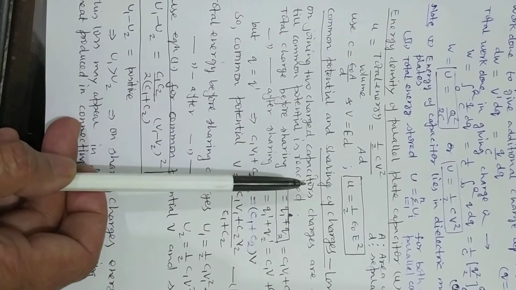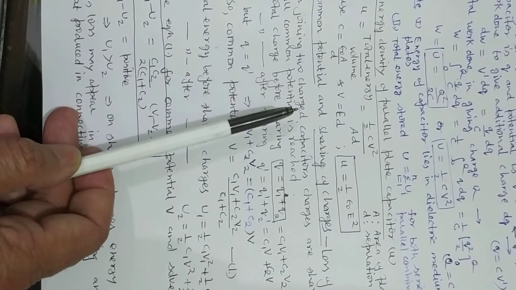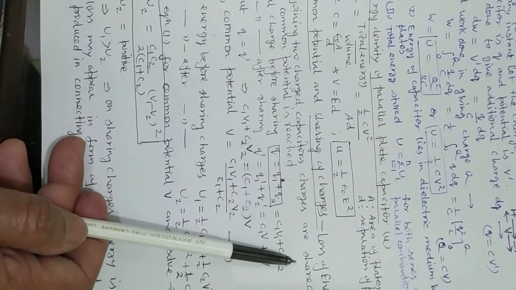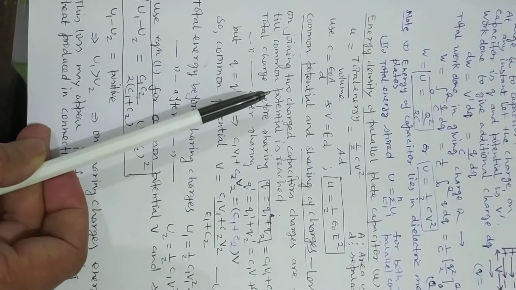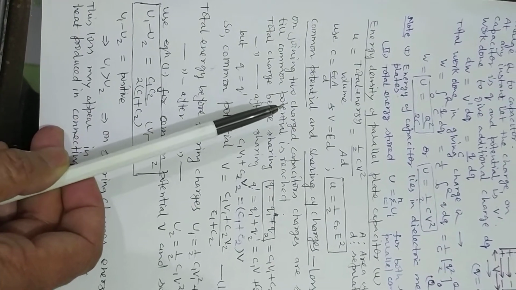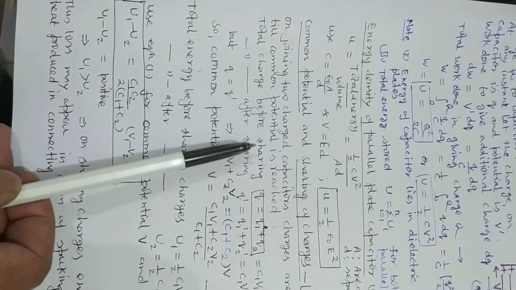On joining the two charged capacitors, the charges are shared, so that the potential becomes the same for the two capacitors.